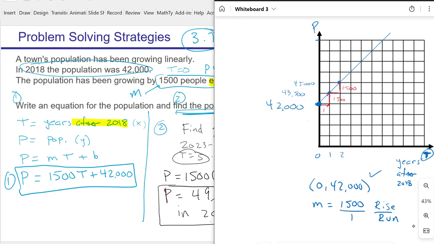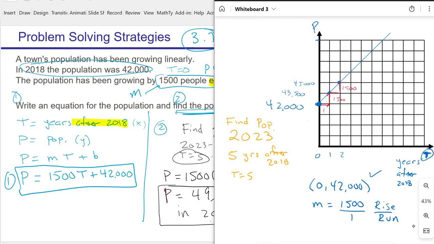Now, how does the graph help us with our question? Recall from the problem that we wanted to find the population in 2023. And we figured out, okay, 2023 is 5 years after 2018. So that means t equals 5.